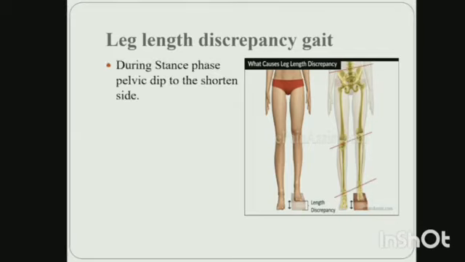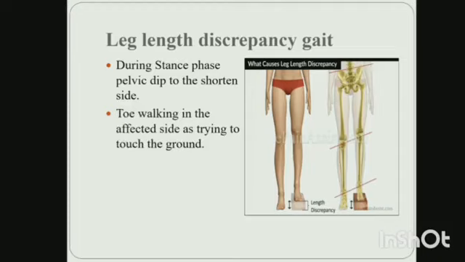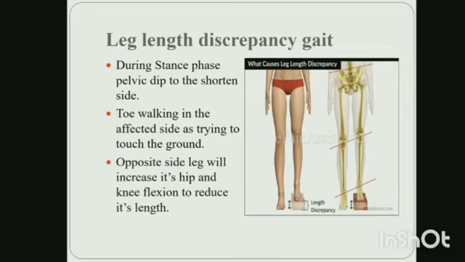During the stance phase of this gait, the pelvis dips to the shortened side, and there will be toe walking on the affected side because they will try to touch the ground. We will also observe that the opposite leg will increase its hip and knee flexion so as to reduce its length.